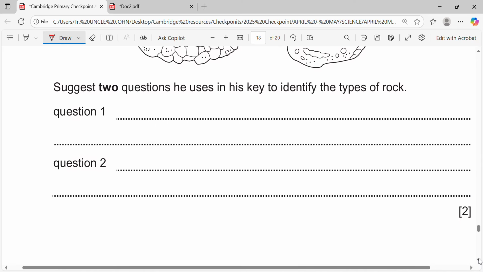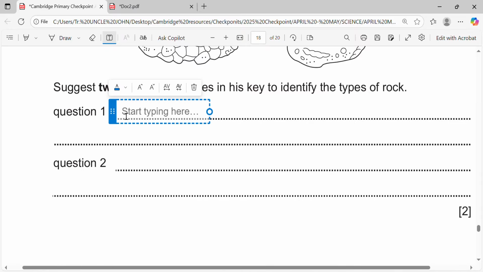Question 1. You can say, does the rock have layers?